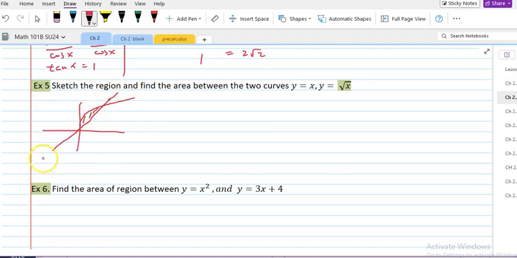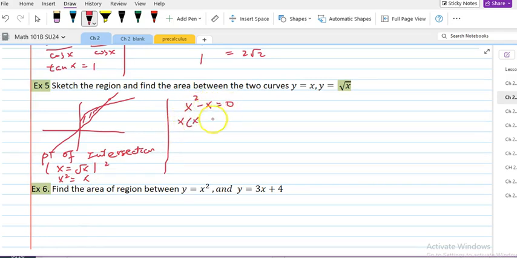So what is the point of intersection? Because we were not given a and b at all, we would say x is equal to root x. So we would say x squared is equal to x, squaring both sides. Then move everything to one side.